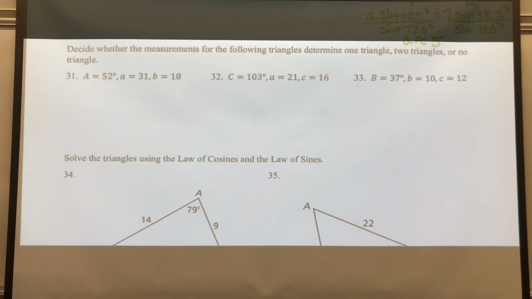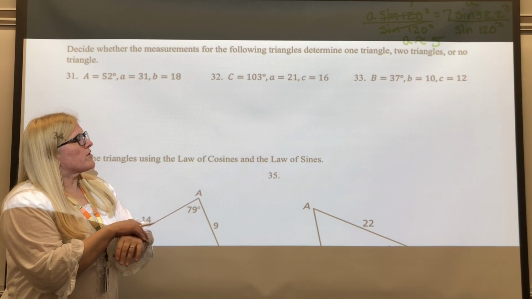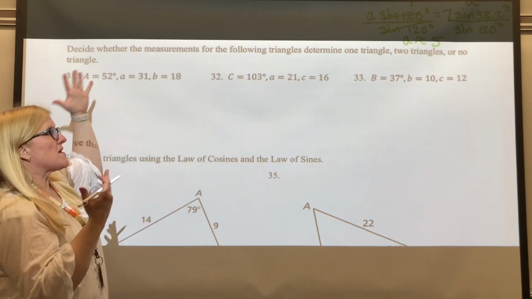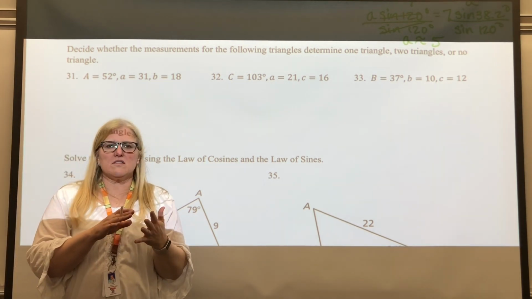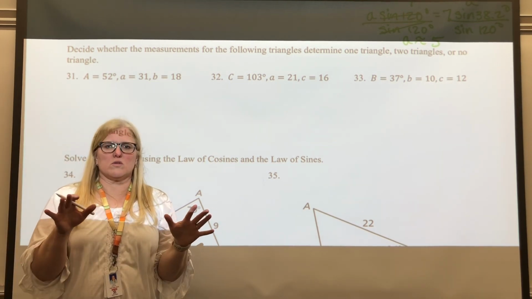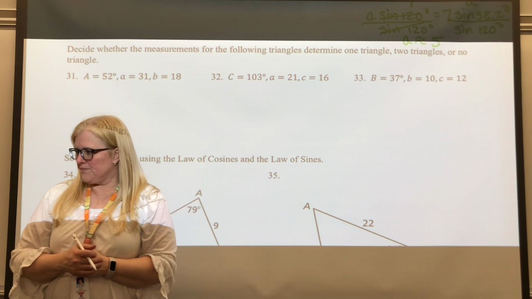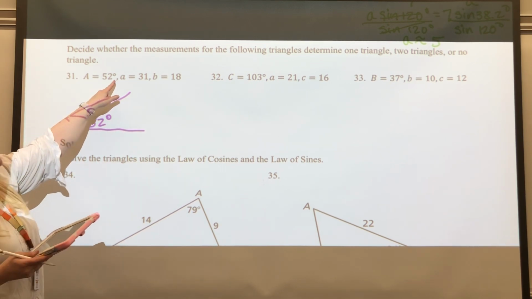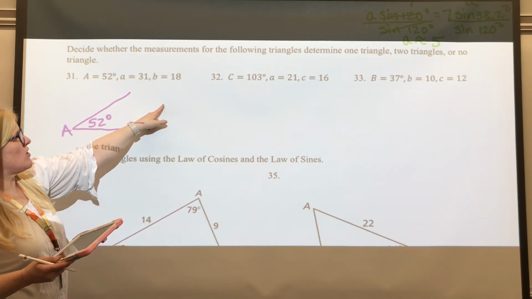Okay, this is deciding whether these measurements give us 1, 2, or no triangle possibilities. Okay, so the first one is an acute triangle, 52 degrees. It's an A angle, so side A, 31, has to be over here.